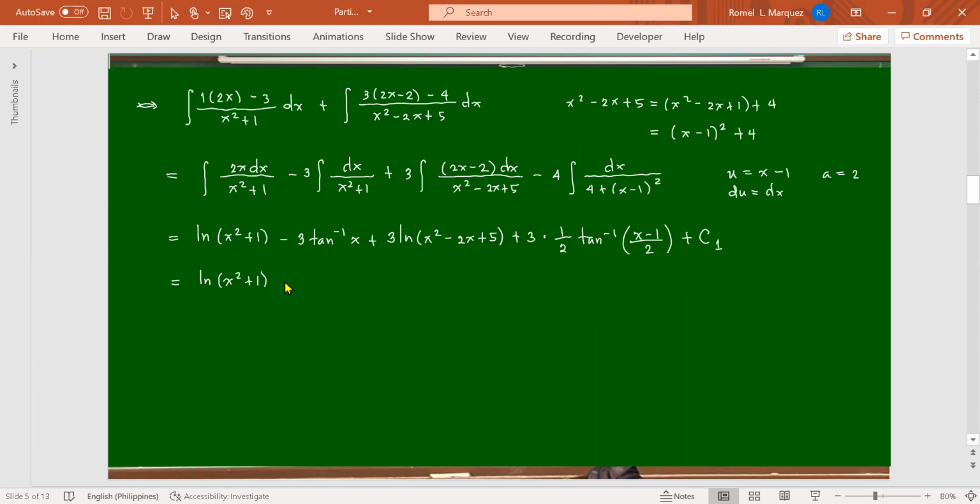Let's copy the next logarithmic: 3 ln of x squared minus 2x plus 5, and then minus 3 arctangent of x, and then plus 3 halves inverse tangent of (x minus 1) all over 2, plus C1. Okay, so that's it.